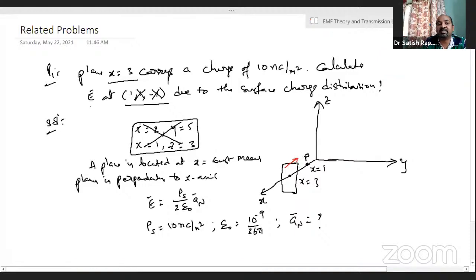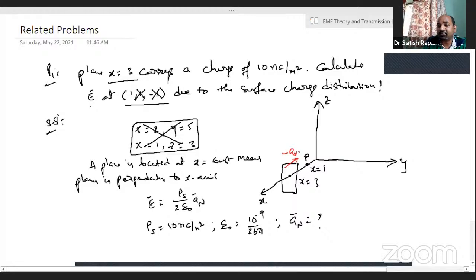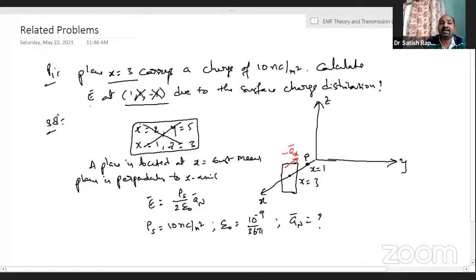So this is the direction of the electric field, right? Because the electric field directs towards the point, so therefore, in this direction. In this direction, in the sense what? Towards negative x-axis, right?